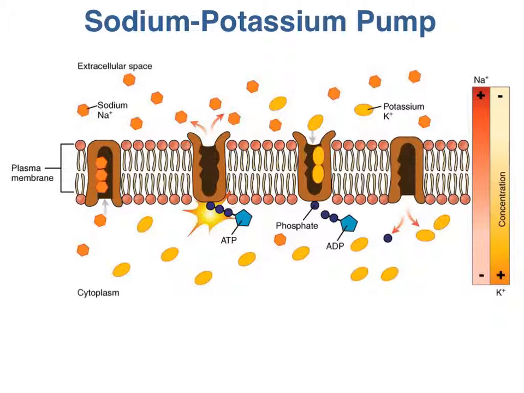And the sodium-potassium pump sets this up because it moves potassium in to the cell, and it moves sodium out. The sodium-potassium pumps in your cells are just constantly working. They're constantly picking up sodium inside the cell and moving it out, and they do 3 sodium at a time.